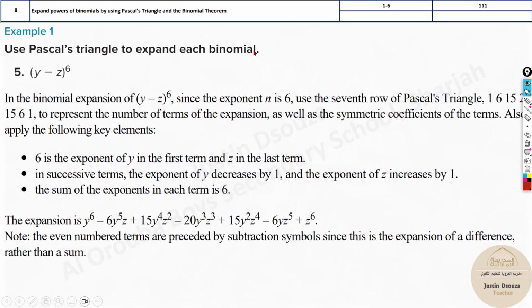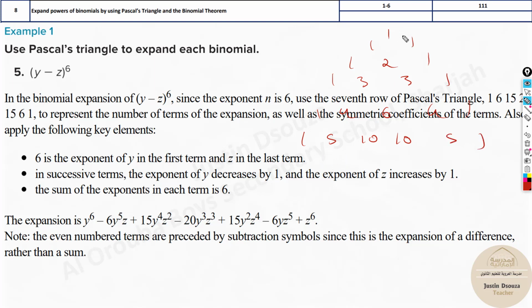If you have forgotten the Pascal's triangle, just do the Pascal's triangle first. How do you do it? Over here, you can just do 1, 1, and then 1, 2, 1, and then 1, 3, 3, 1, and then again 1, 4, 6, 4, 1, and then you can do it again and again. 1, 5, 10, 10, 5, 1, and it goes on.